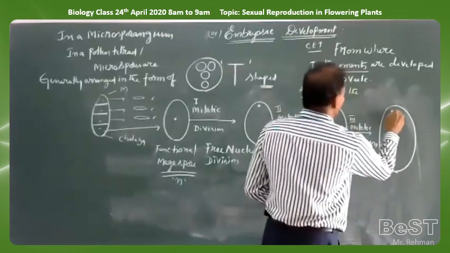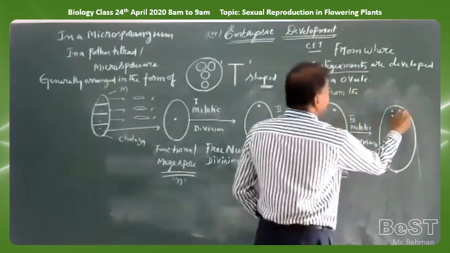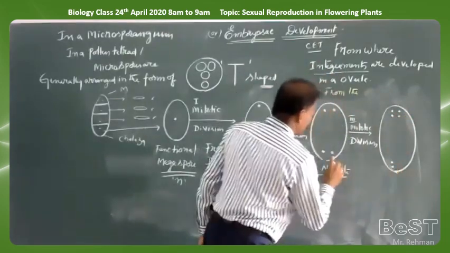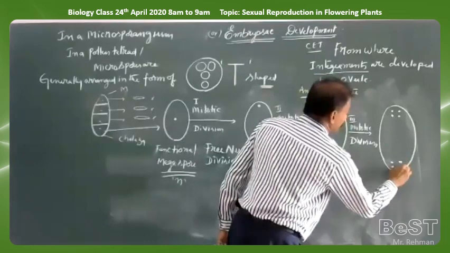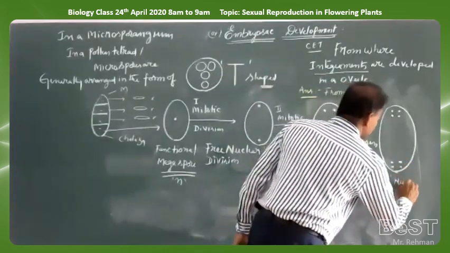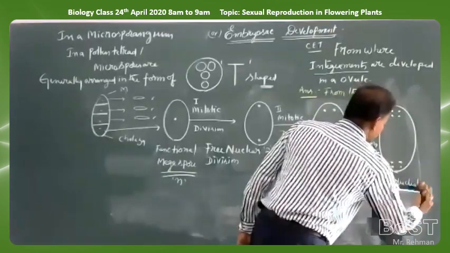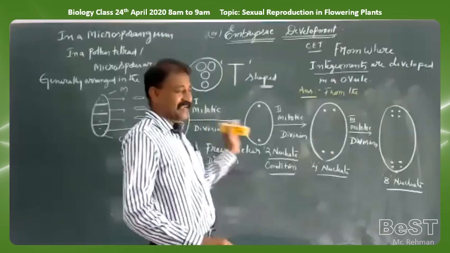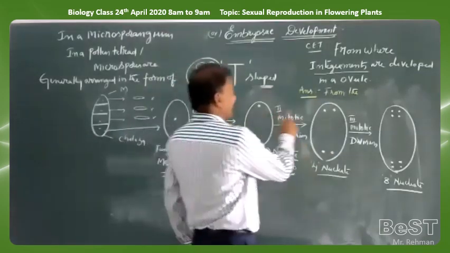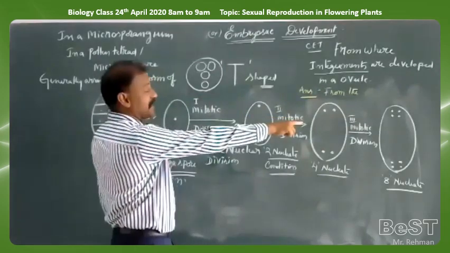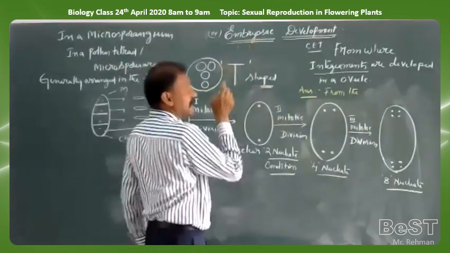One becomes 2, one becomes 2, one becomes 2, one becomes 2: 8 nuclei stage. So how many mitotic divisions are required? 3 mitotic divisions are required to become the 8 nucleate condition of the embryo sac.